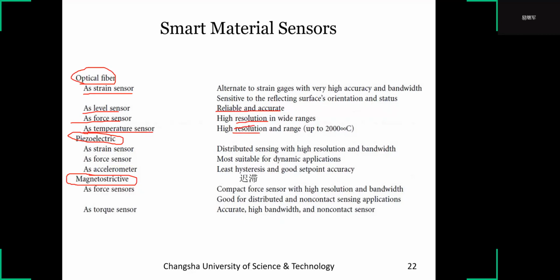As a strain sensor it is an alternative to the strain gauge, with high accuracy and bandwidth, but sensitive to the reflecting surfaces, their orientation and status.